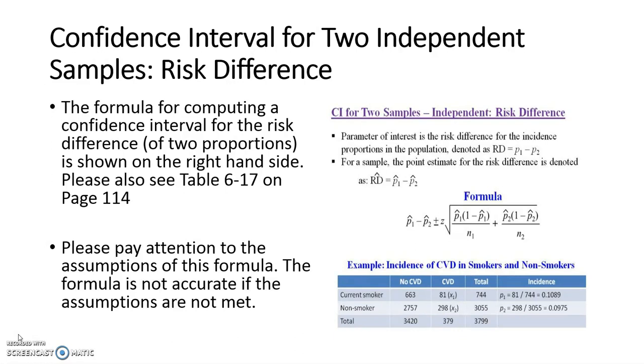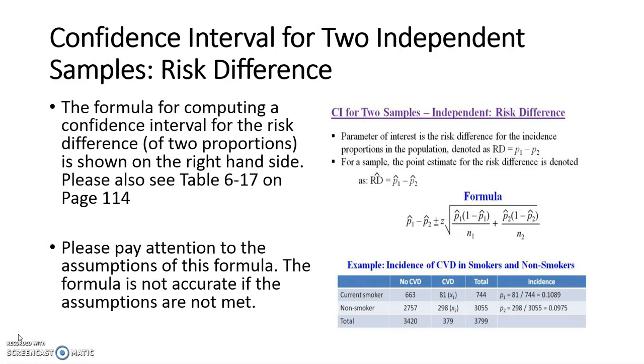It equals P1 minus P2, where P1 and P2 are the true population proportions. And then with a sample, we can estimate that. So RD hat equals P1 hat minus P2 hat. These are the sample proportions. And then the confidence interval for the risk difference is provided in that formula.